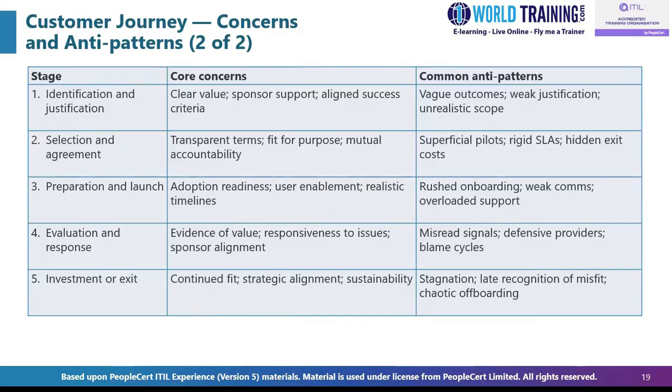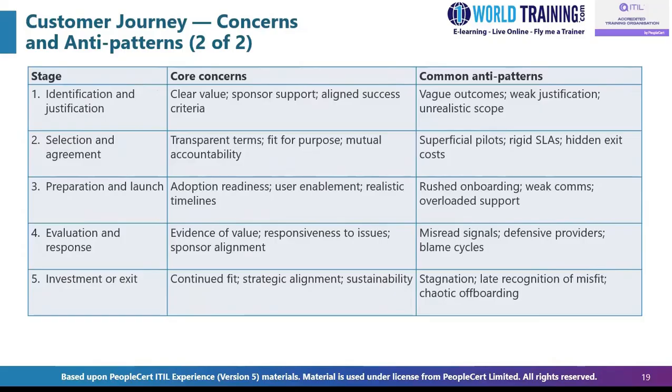Two more anti-patterns worth flagging as you look at this table: hidden exit costs at stage 2 and blame cycles at stage 4. Hidden exit costs are the agree step failure we discussed earlier on in the course, now expressed in customer journey language.